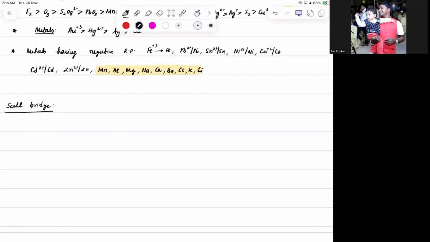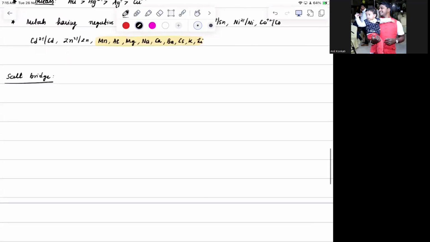Inert electrodes are connected to both the half cells, on both sides of anode and cathode.